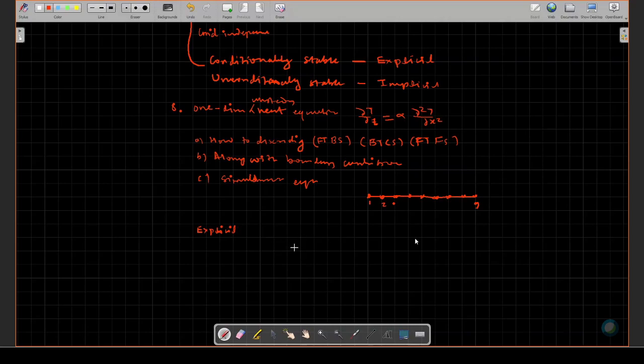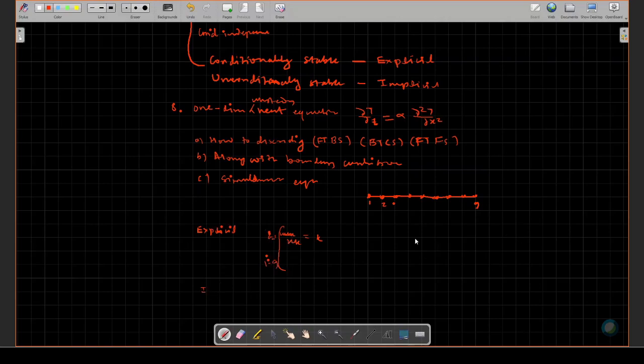You use the unknown as a function of known, and keep on calculating for i equals 1 to i equals 9. So it is a straightforward way.